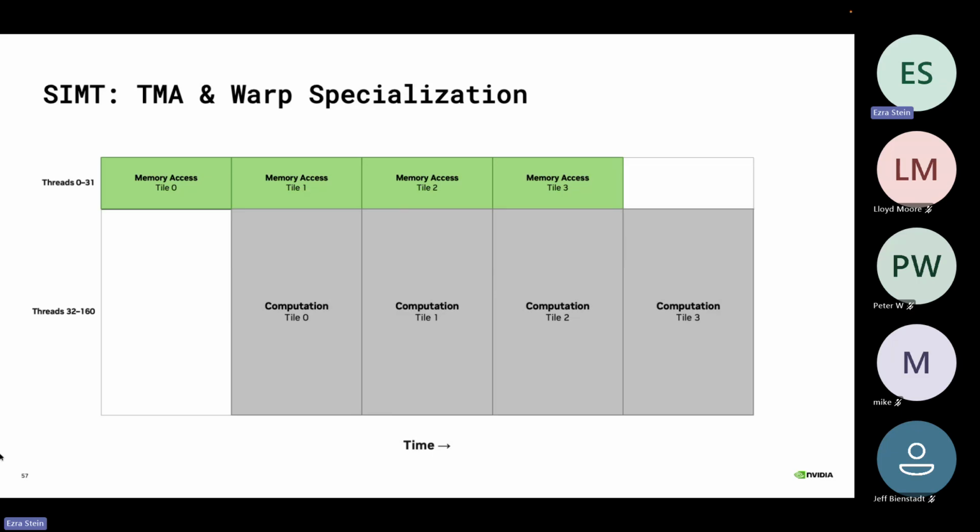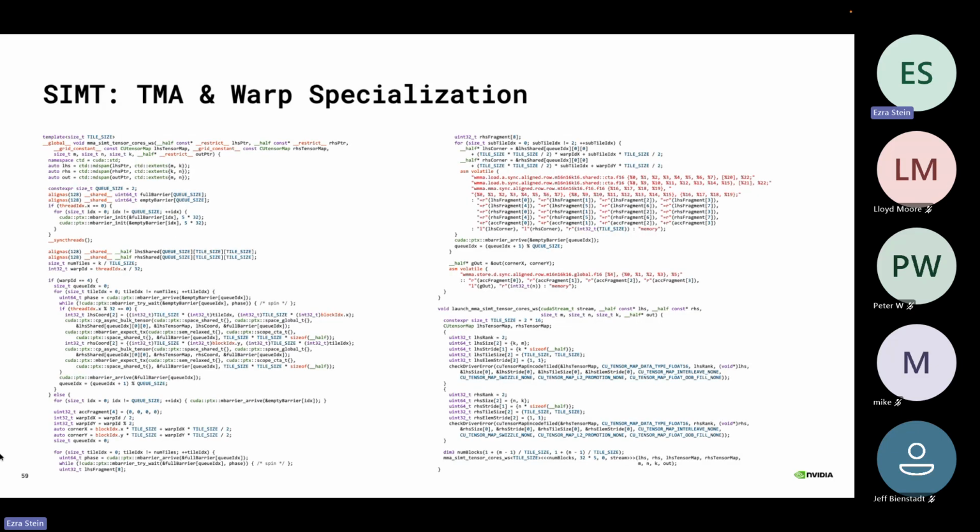So the way this is implemented is usually through some sort of producer-consumer queue. So you have some threads pushing onto the queue, other threads reading from the queue, and you've got some synchronization between the two to signal, hey, I've pushed my work onto the queue, you can now consume it. So that uses these M-barrier hardware primitives. And this gets us back to that code that I showed earlier.